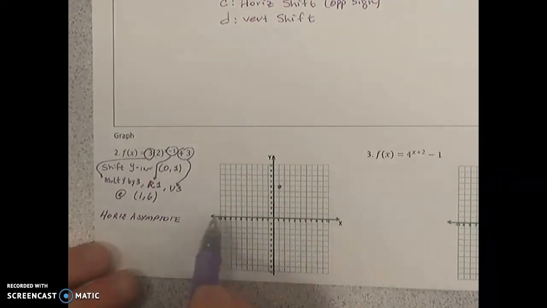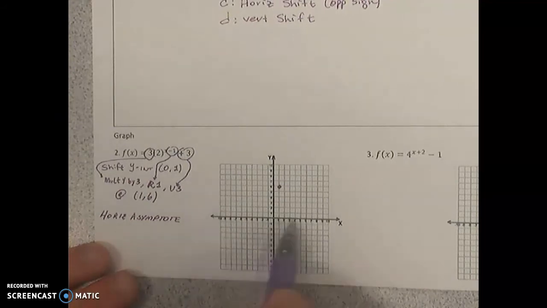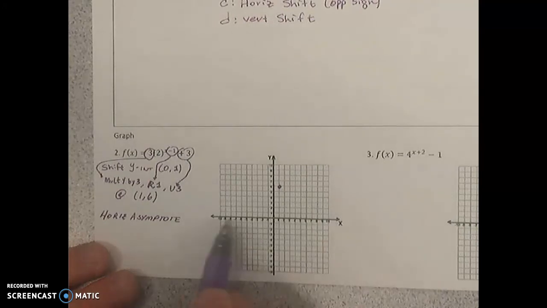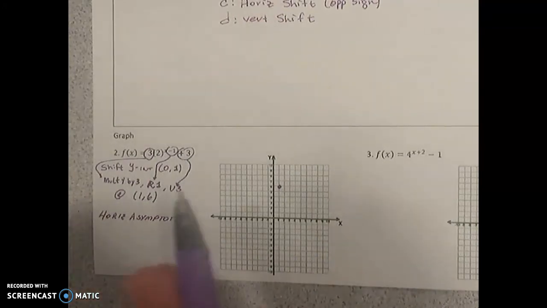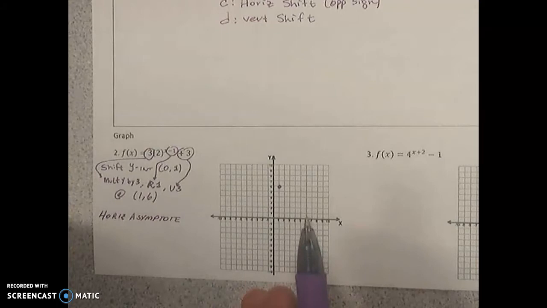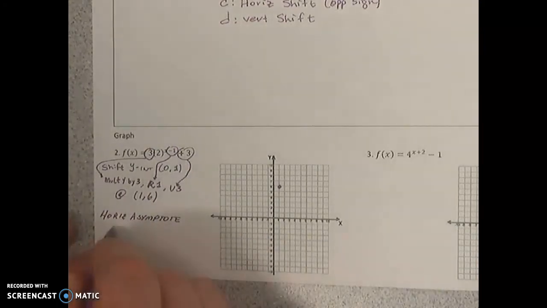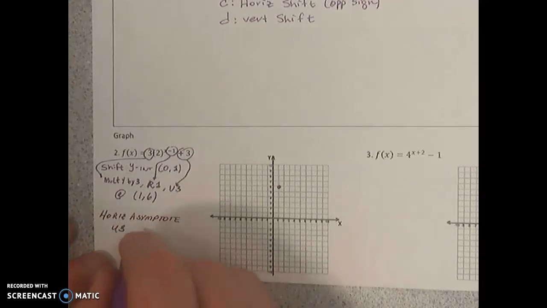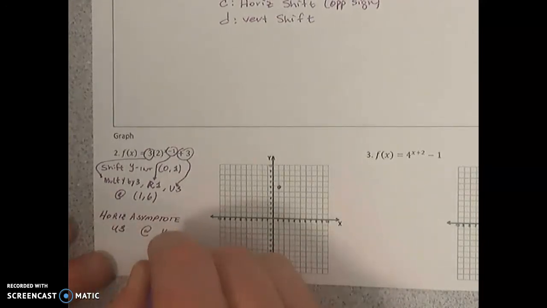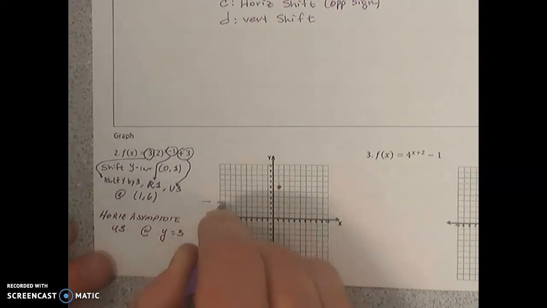It won't be affected by a horizontal shift because a horizontal line is not affected by a horizontal shift. If it goes on forever left and right, in theory you can't move a horizontal line left and right. But it will be affected by our vertical shift of up 3, which means our horizontal asymptote will now be at y equals 3.